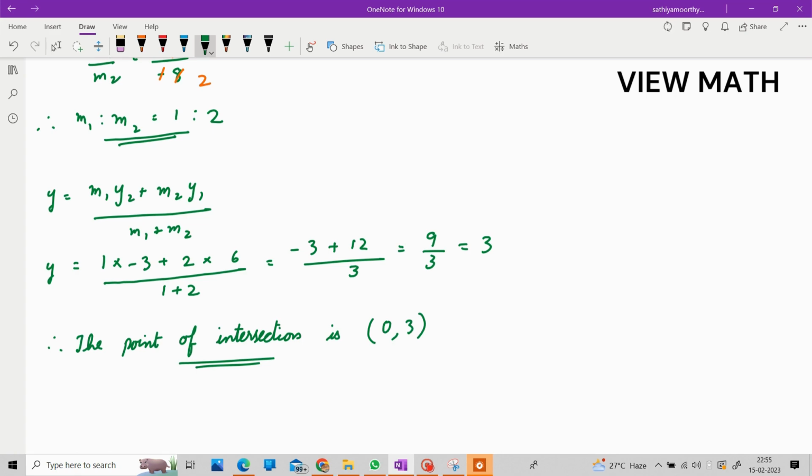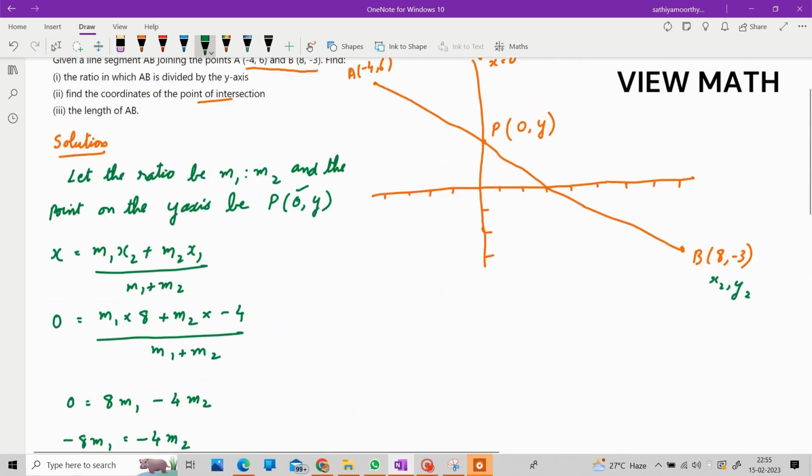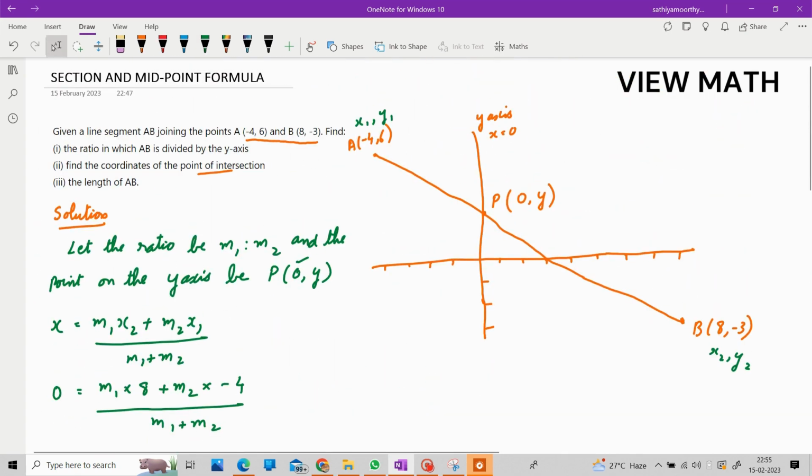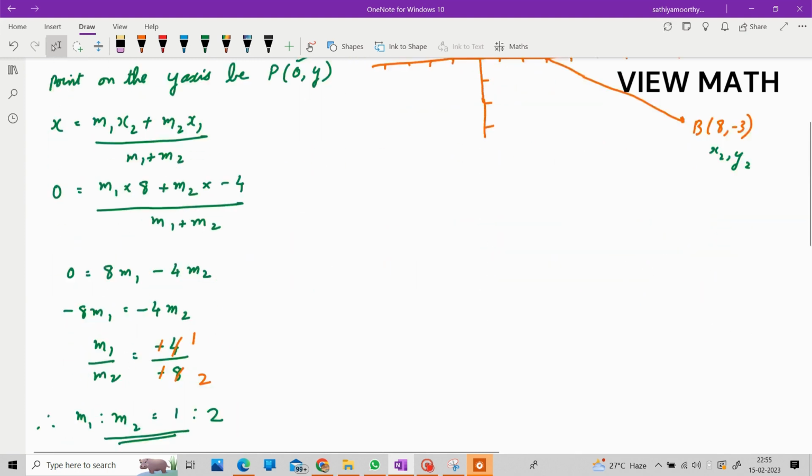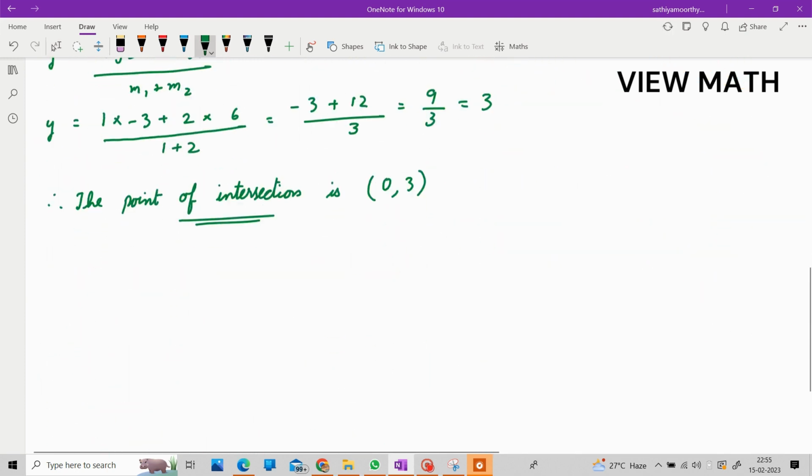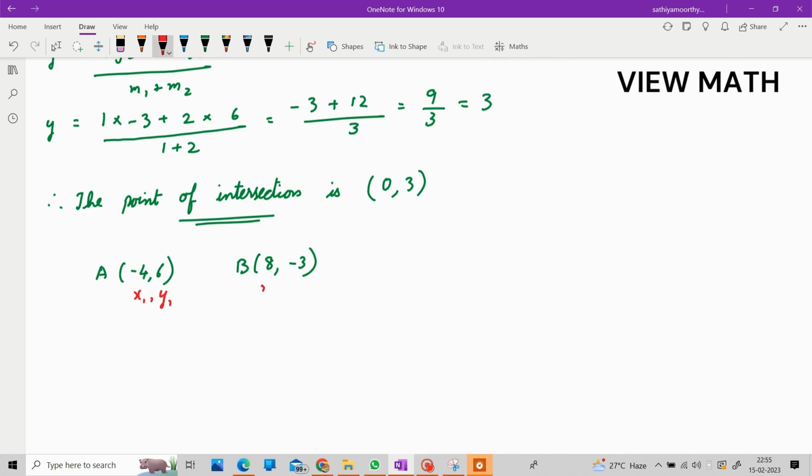Next, the third subdivision is they're asking us to find out the length of AB. So I'm going to use the distance formula. A is (minus 4, 6) and B is (8, minus 3). So x1, y1 and x2, y2.